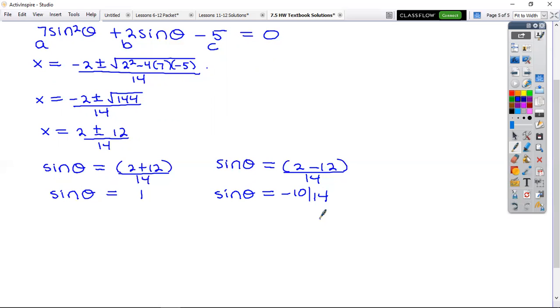On the left-hand side, sine of theta equals 1. What do I have to draw? It's not a triangle. Unit circle. On the unit circle, sine corresponds to your y value. Where is my y value? 1. 90. Yep, right there.